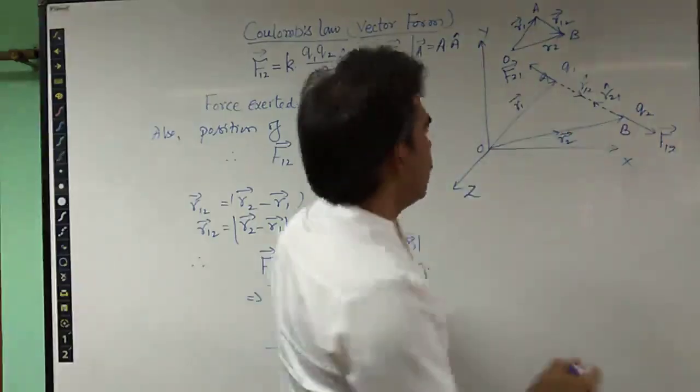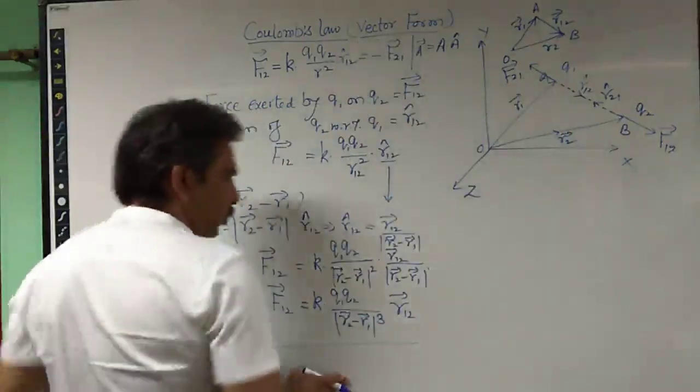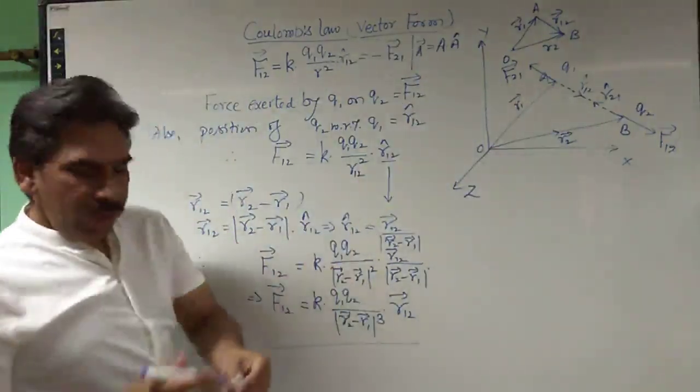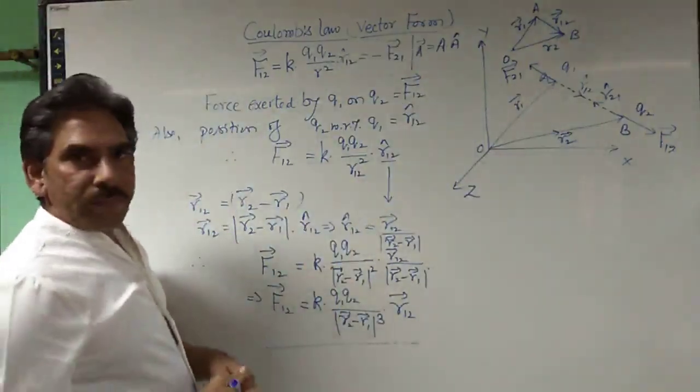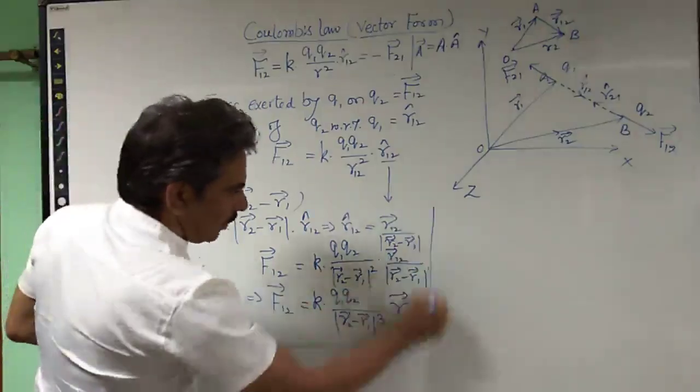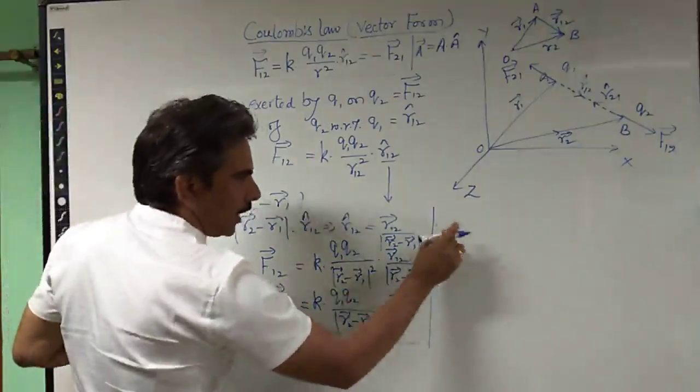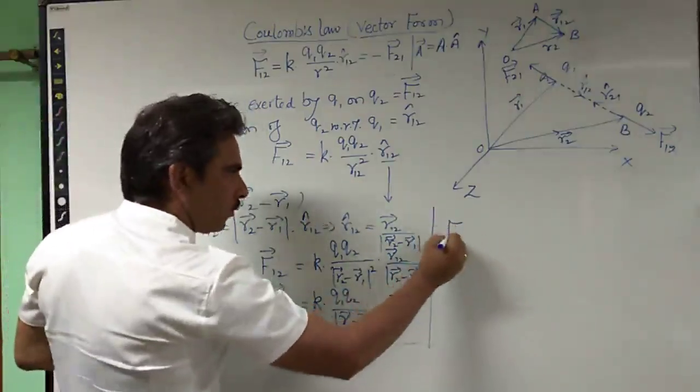So that is the simple representation. You can write the expression for that force also. I am just writing the final expression. You can try it yourself. You will find it quite easy to write.